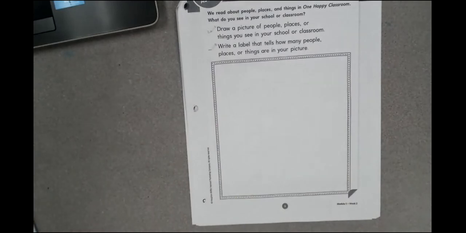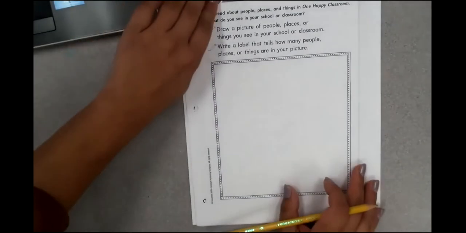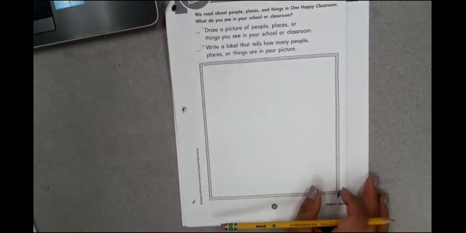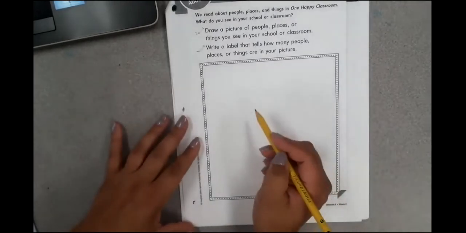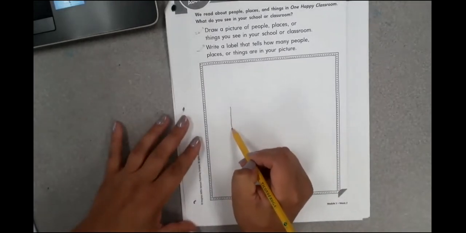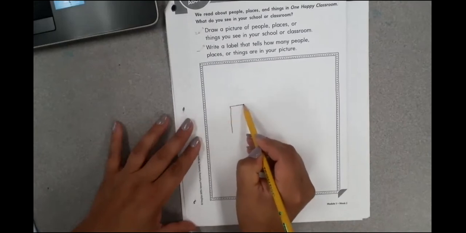So let's begin. All right. So let's see. I'm going to use my classroom because I am in your classroom. And I'm going to draw. What can I draw? Oh, I know. I'm going to draw this. I'm going to use shapes.